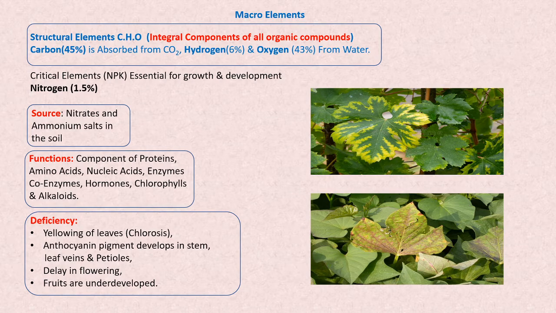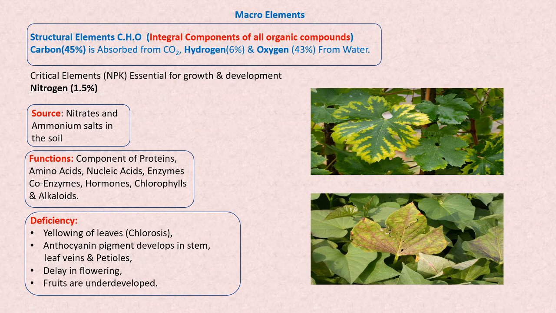So these elements constitute the major part of the dry weight of the plant. These are also known as structural elements because without them, no composition of any organic matter is possible.